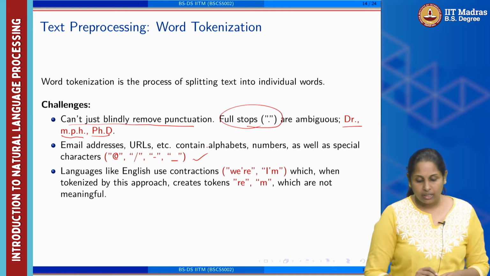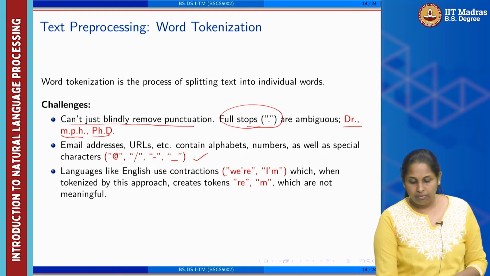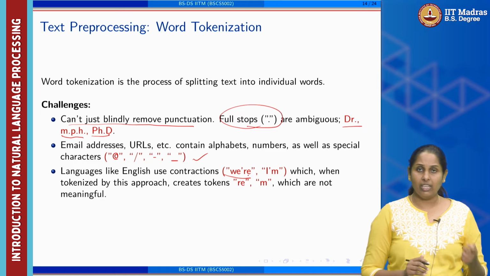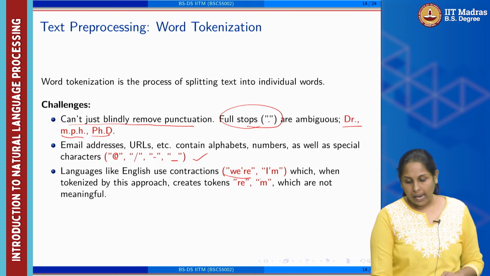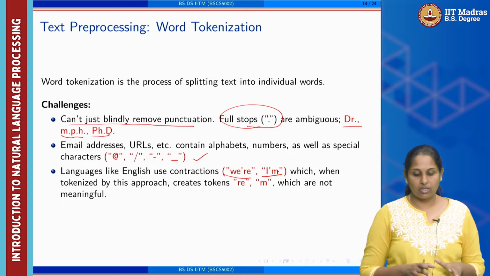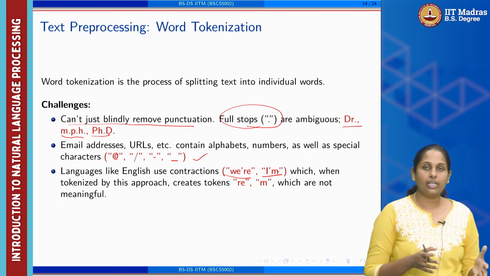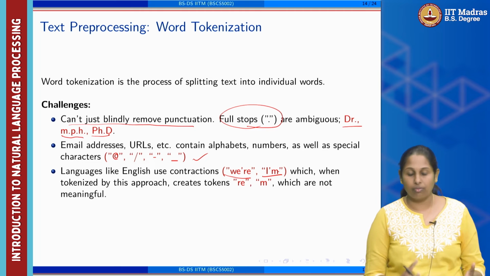And languages like English use a lot of contractions. For example, "we are" will be written as "we apostrophe re" and "I am" will be written as "I apostrophe m", right. So, in this tokenization approach, we have to make sure that in certain cases "re" is a different token because that is a verb.